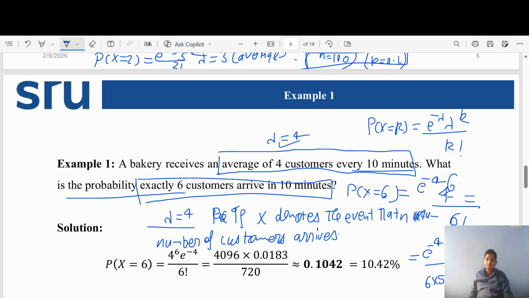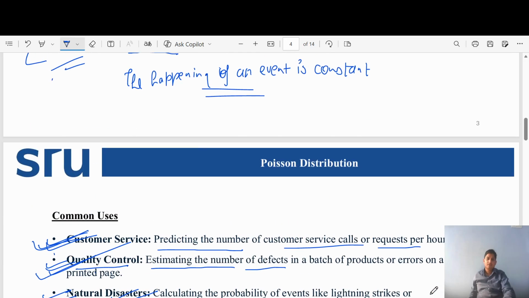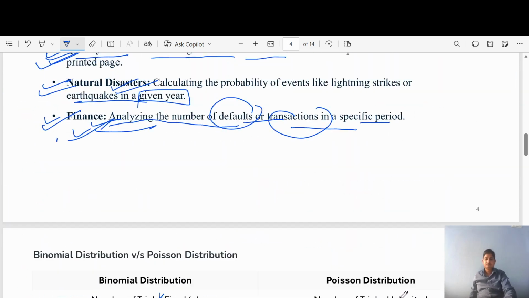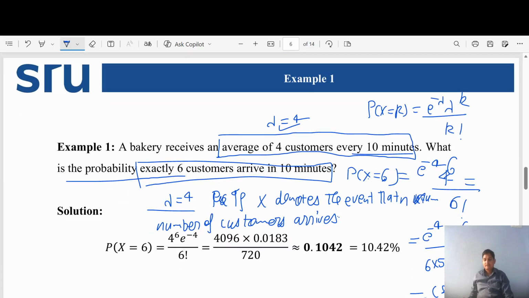What is the value of e? e is 2.7183, 2.71828. So e to the power minus 4, 4 to the power 6 upon 720. So if you solve, then it is 0.104.